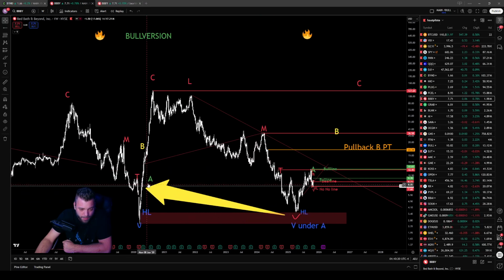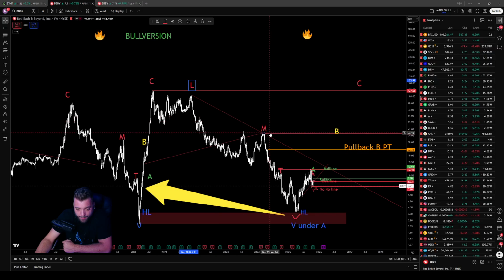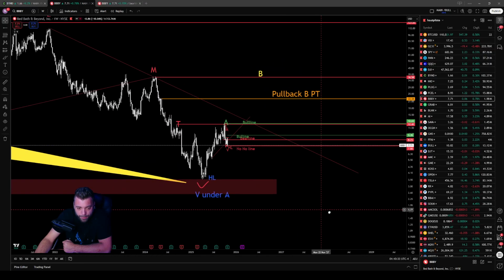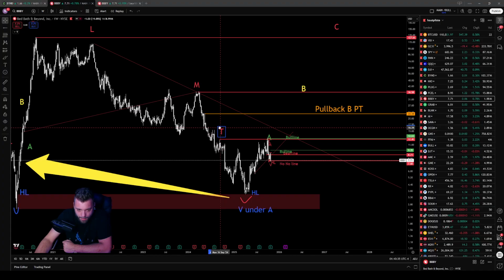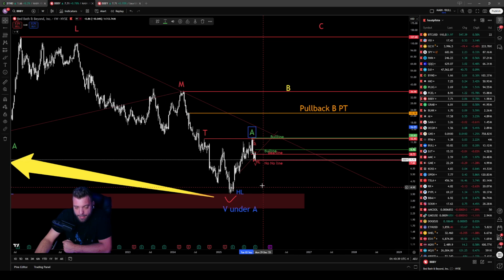You did your higher low, you did your perfect A, you did kind of perfect M, your peak with C, a lower high, midpoint, and for the bullish tracking, this would be a T, and we would already have made our A peak.